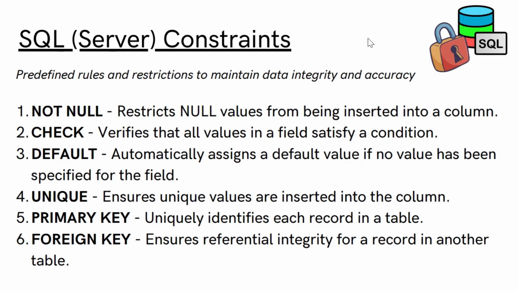So, not null. Now this restricts null values from being inserted into a column, with the default behavior being that nulls could be inserted. Now this is really important because quite often null values are a huge question mark when working with data. We don't know if they're allowed to be there. We don't know if they pass through unknowingly.